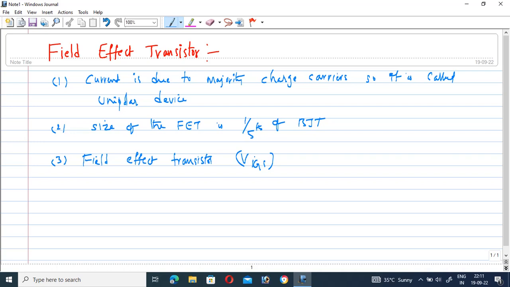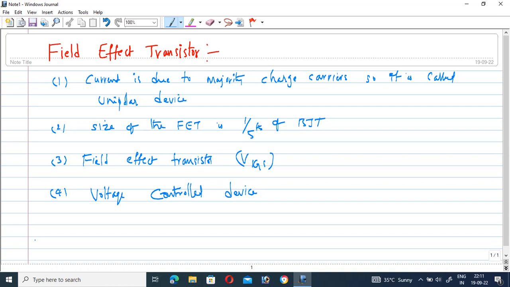The field effect transistor is a voltage controlled device: the flow of current can be controlled with the help of a voltage across the gate terminal. The size of the field effect transistor is very small, so it can be used in many applications.